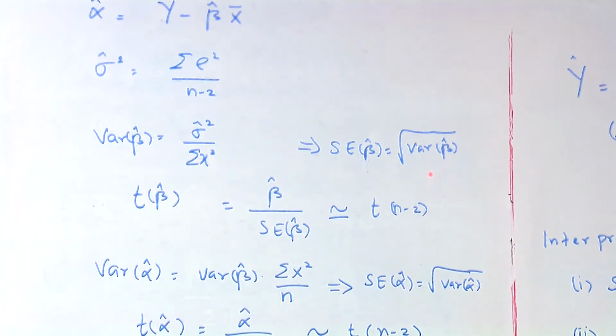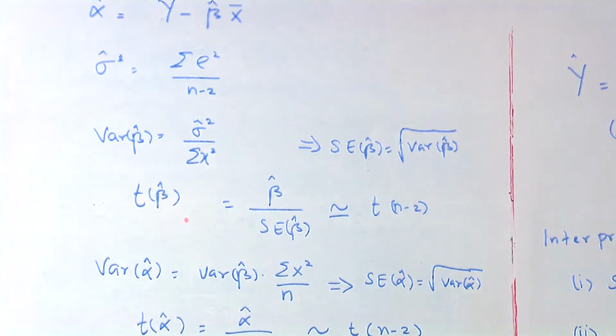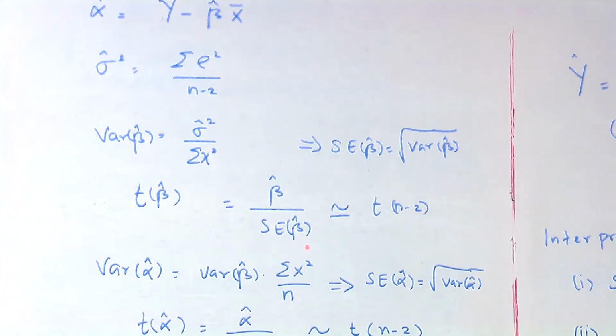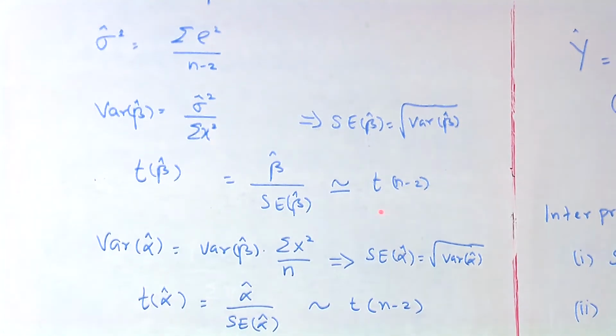Using these values, we may define the t value for beta hat, that is equal to beta hat divided by standard error of beta hat, that follows t distribution with n minus 2 degrees of freedom, and for a large sample it follows the standard normal distribution.